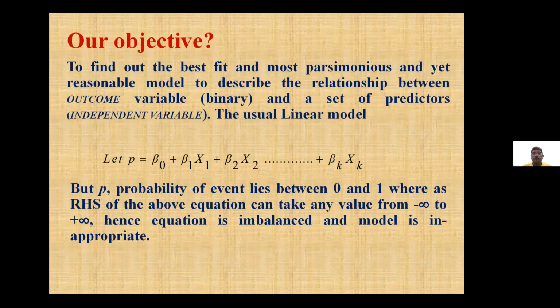The linear model is this, but P, the probability of an event, lies between 0 and 1, whereas the right-hand side of the above equation can take any value from -infinity to infinity. Then we need to transform this. Hence the equation is imbalanced and the model is inappropriate.